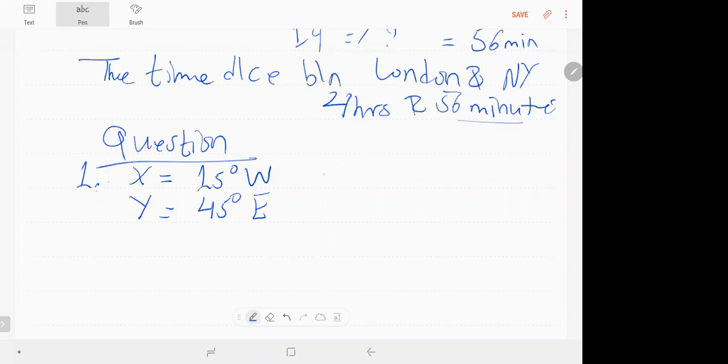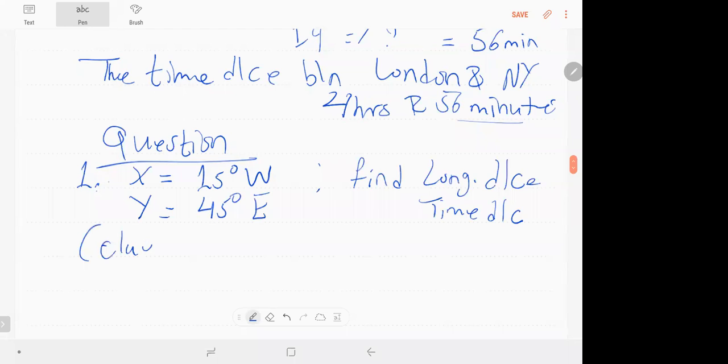So find the longitudinal difference and the time difference. Don't forget, opposite is the clue. For opposite direction, opposite hemisphere, is it to be added or subtracted?